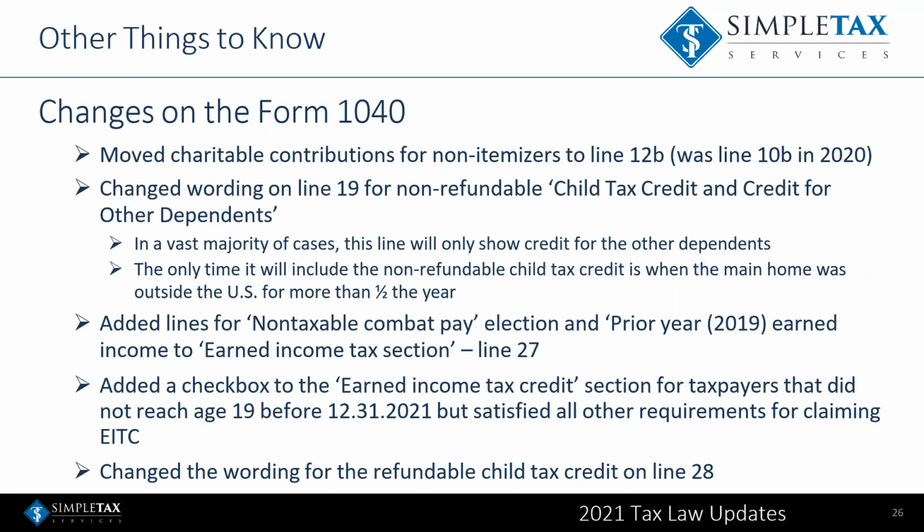The wording on line 19, because of the non-refundable part of the child tax credit and credit for other dependents, has been reworded. They added lines for the combat pay election and prior year earned income election to line 27. They changed the wording for the refundable child tax credit on line 28. Again, just a couple of changes that you'll see.